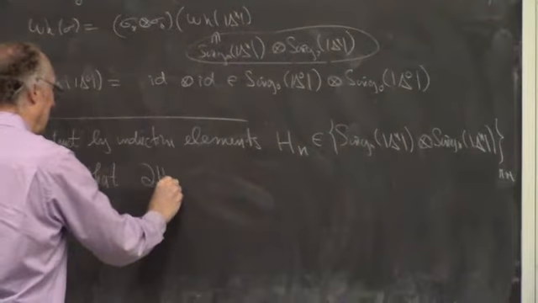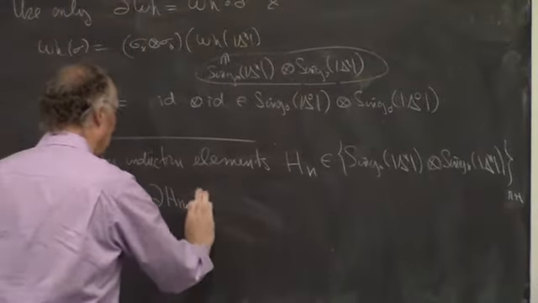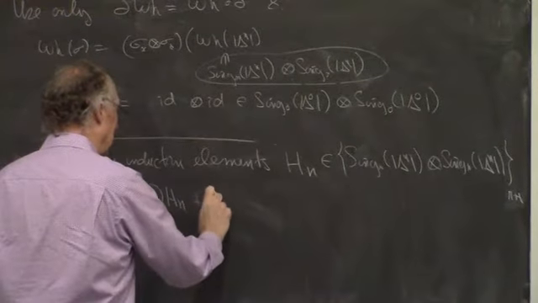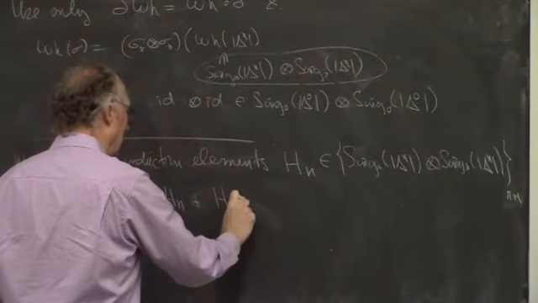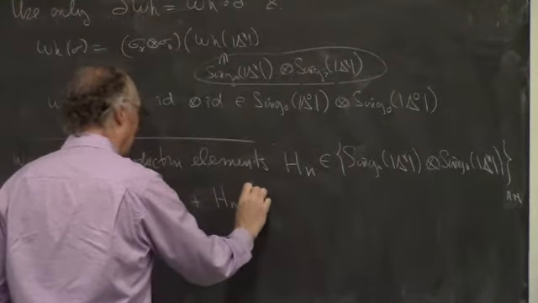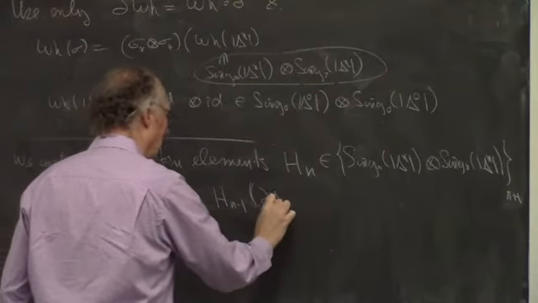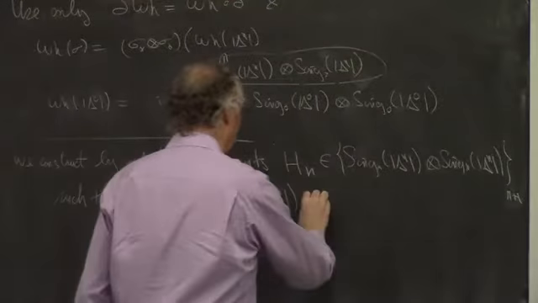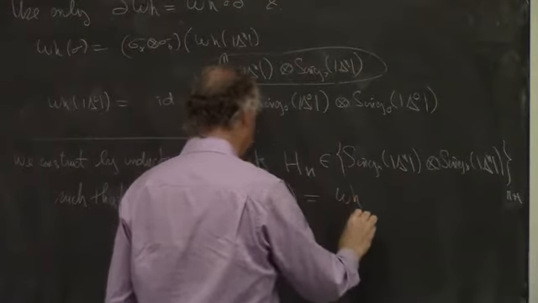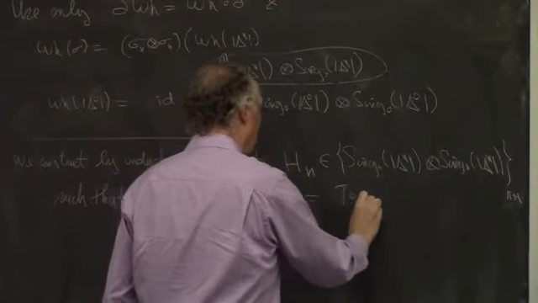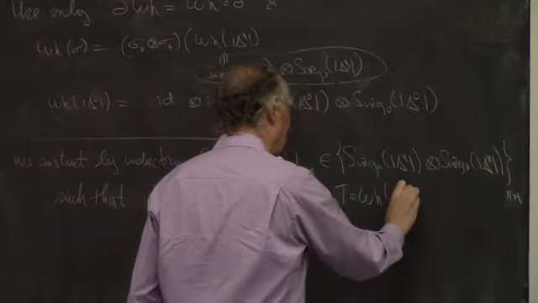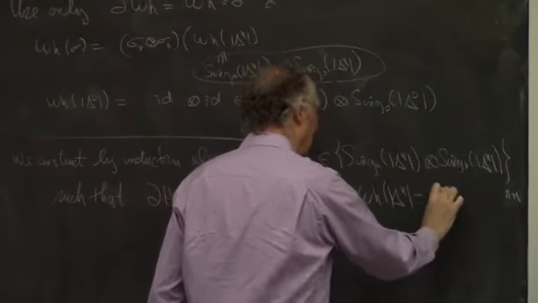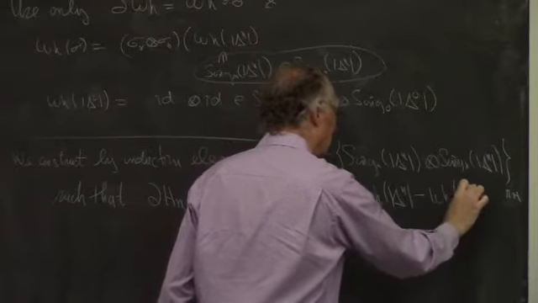such that boundary of H n plus H n minus 1 of the boundary of the simplex, I'll talk about what I mean by that in just a second, is equal to Whitney of the simplex minus Whitney composed with the diagonal.